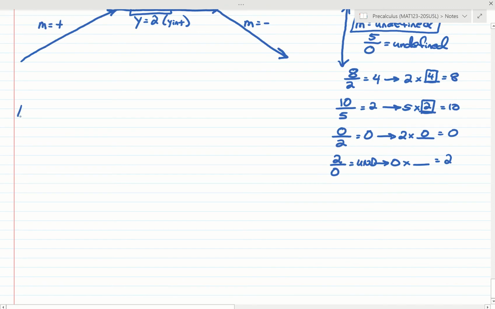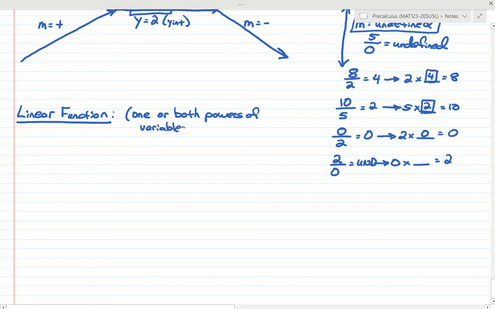So let's define what a linear function is. A linear function is when one or both powers of the variables are equal to 1.